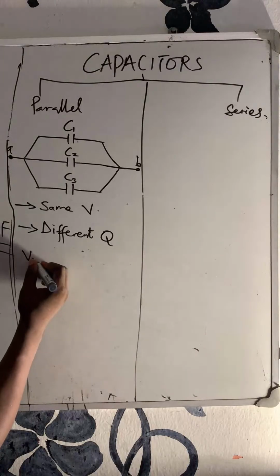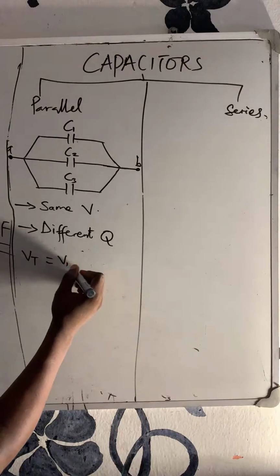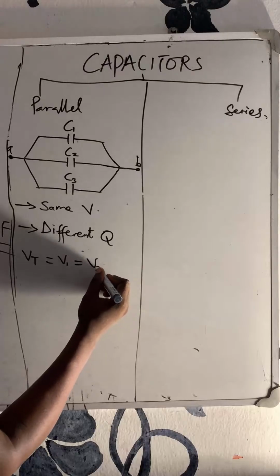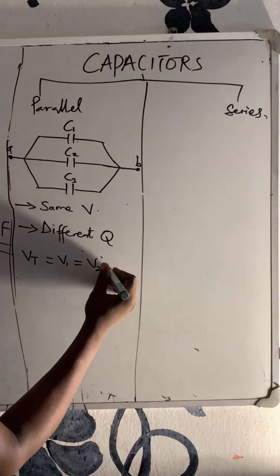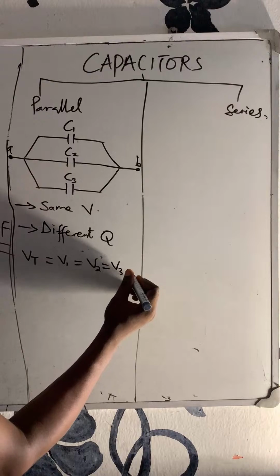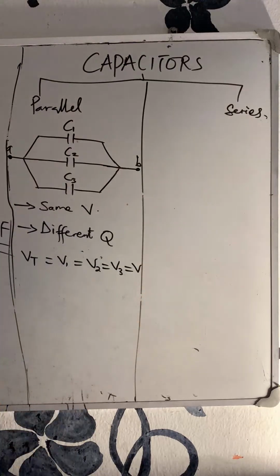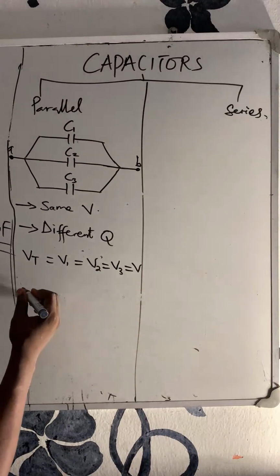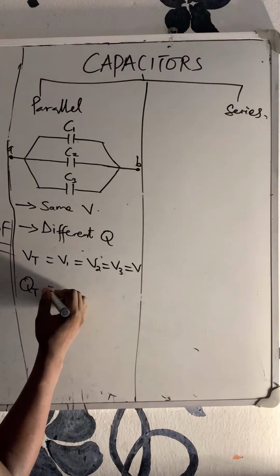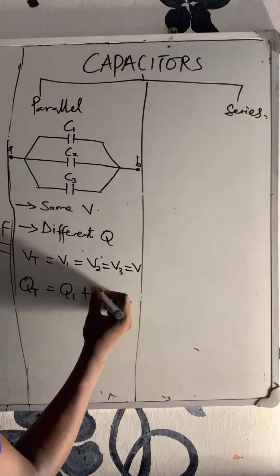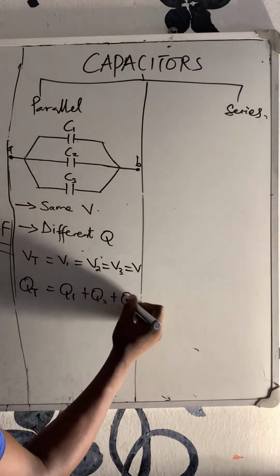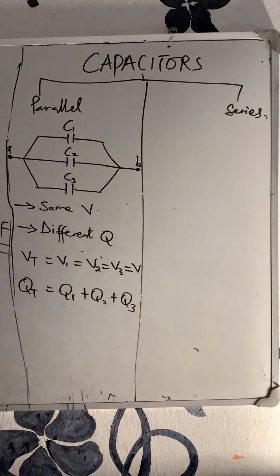So you can say that V total is your V1, which is also equal to V2, which is also equal to V3. So let's call them V. But the charge QT will be Q1 plus Q2 plus Q3. That is what the charge will be.